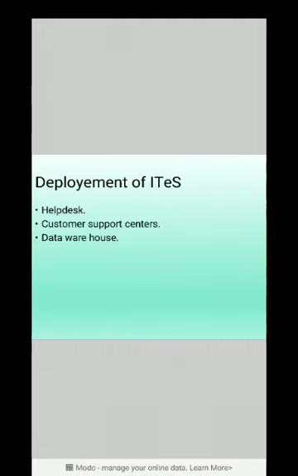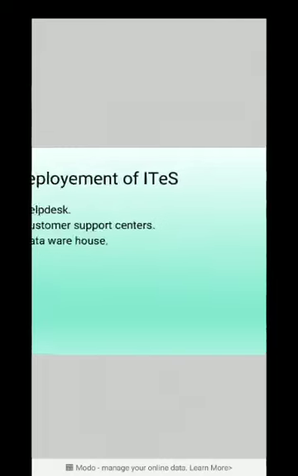Similarly, customer support centers, or they are also called as like customer care. We have customer care centers like Airtel has, Jio has. If we have any issues, we call the customer care service to get the problems or to get the issues fixed.